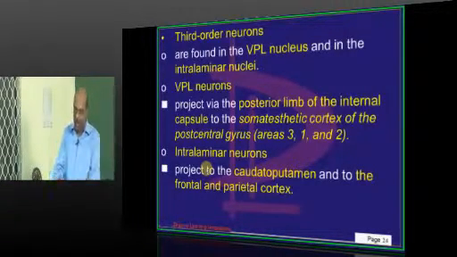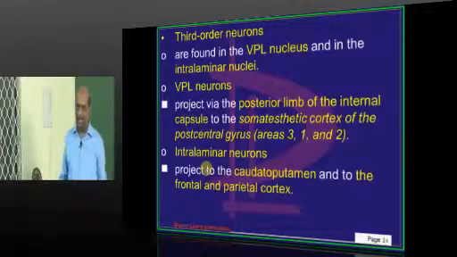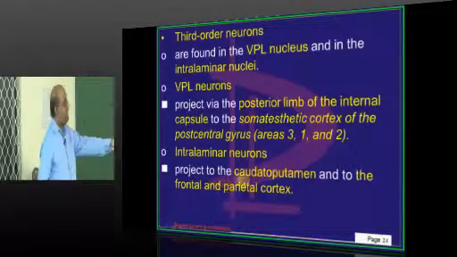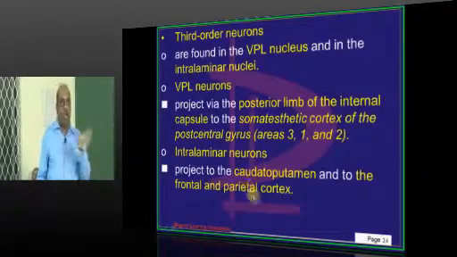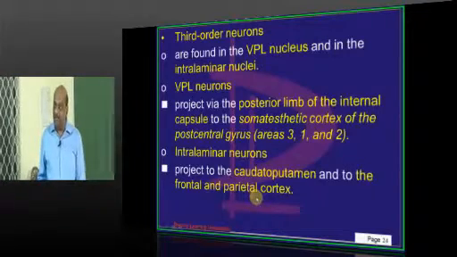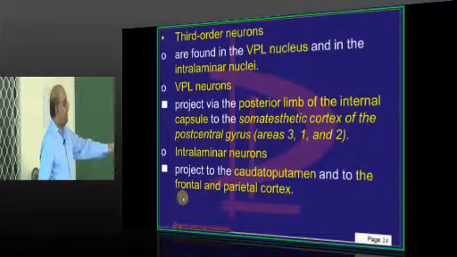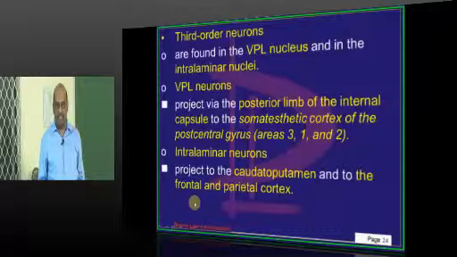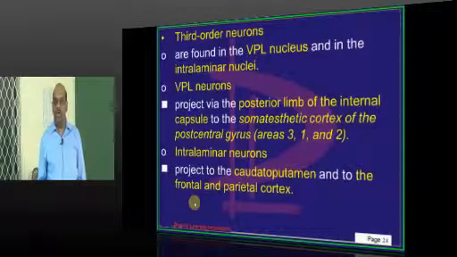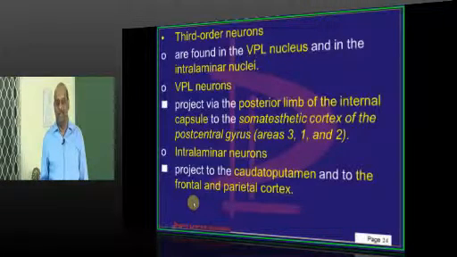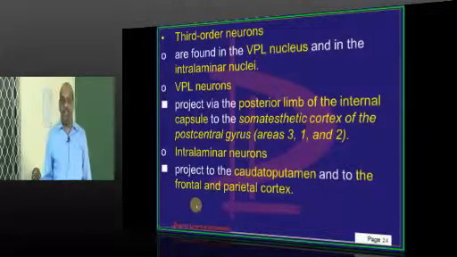Then what will the interlaminar neurons project into? They end in the thalamus, in the interlaminar nuclei, bilaterally. They will basically project to the caudate and putamen in the basal ganglia and also to the frontal and parietal cortex. Why are we emotionally upset whenever there is pain?